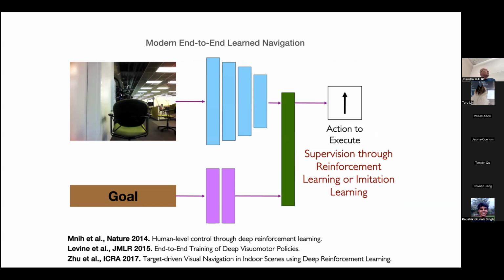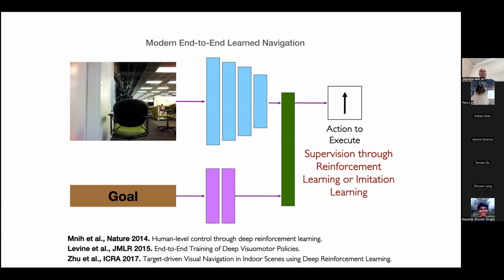So there was a formulation of this problem, which was either using reinforcement learning or imitation learning. So the idea there is, and it would be goal conditioned, right? So you specify a goal, and the goal could be a semantic goal like chair, or it could be a goal like 300 meters north, 200 meters west. And always the objective is to get to the goal without colliding with obstacles, right?